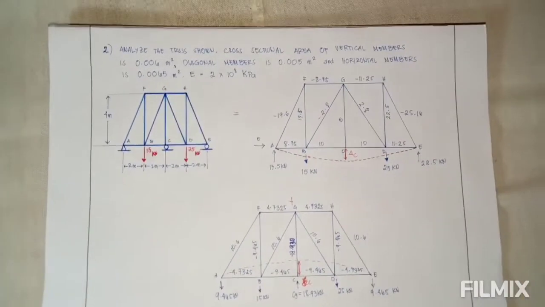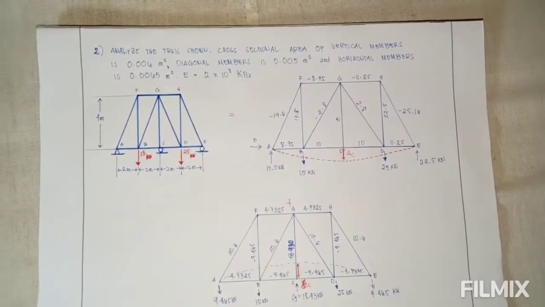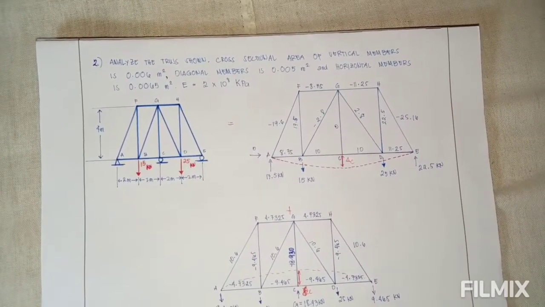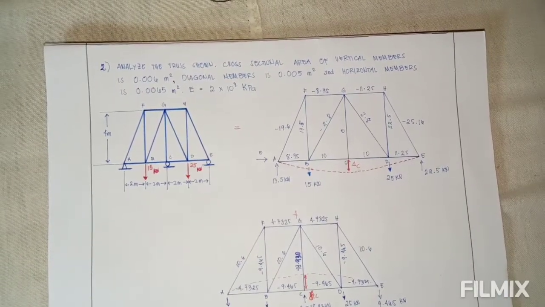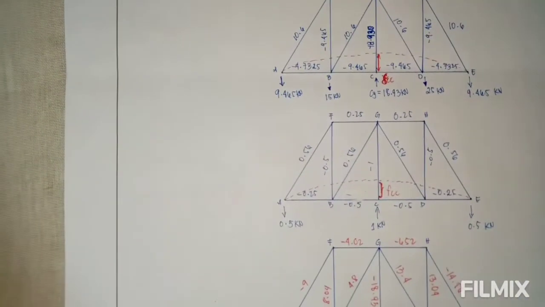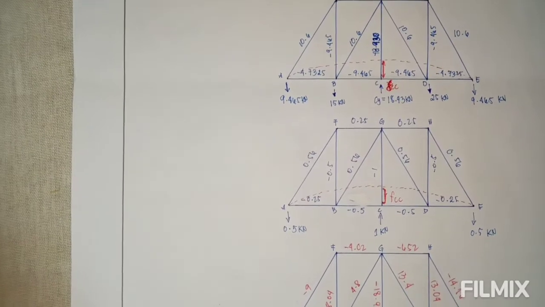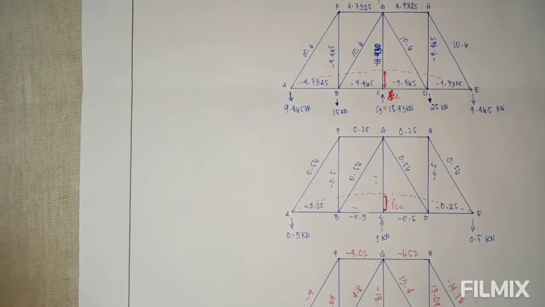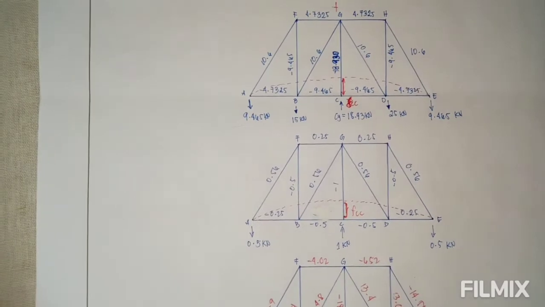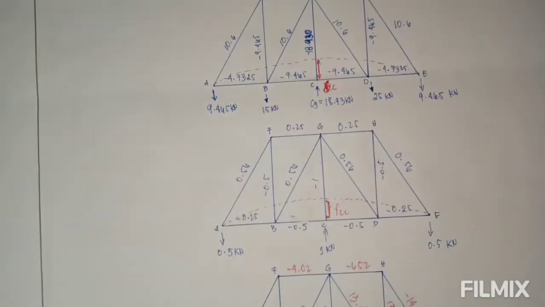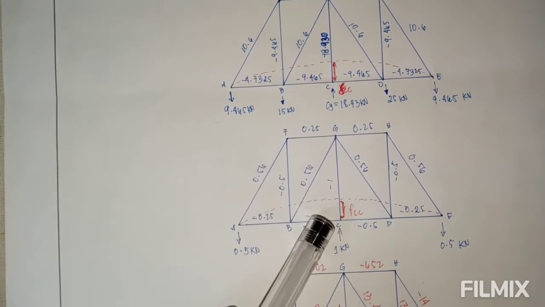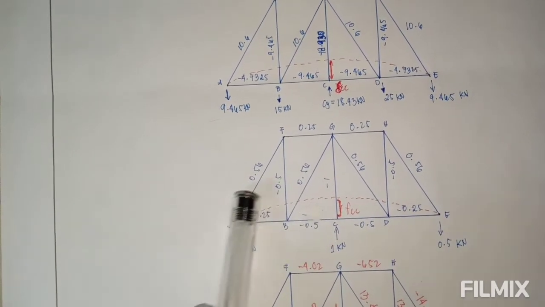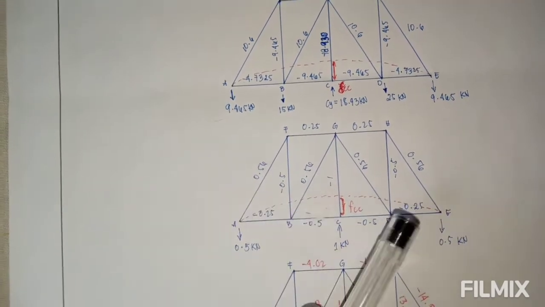Next, we need to analyze the structure, but this time a 1 unit load is applied at the location of the redundant, and the real loads are removed. This is our free body diagram with a 1 unit load applied, with an upward direction for reaction Cy.